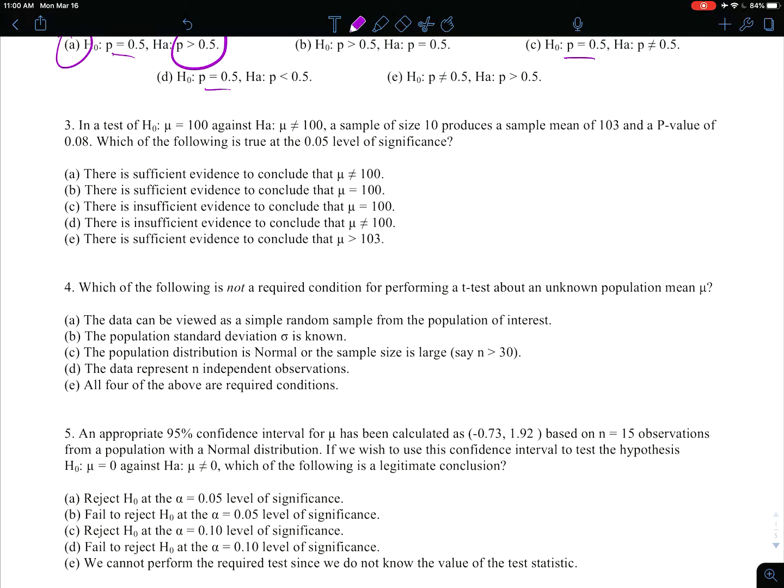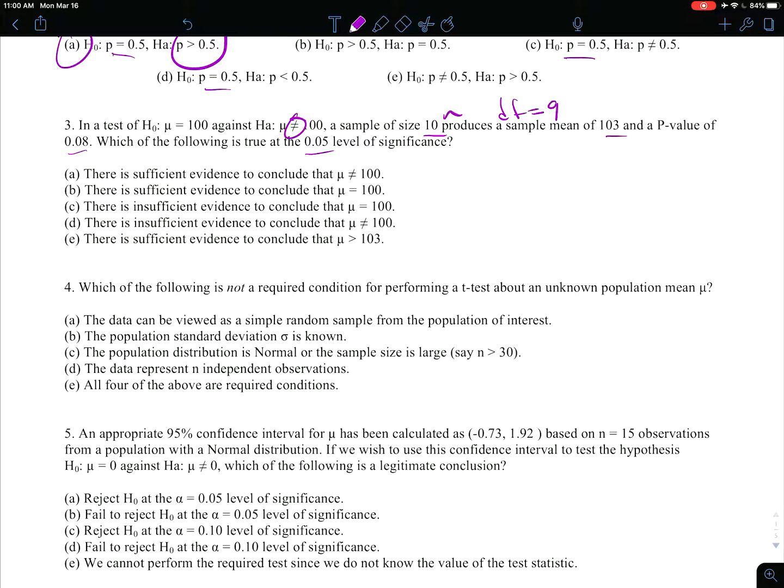For number three, again, a two-sided alternative jumps out, a sample of size 10, because we're talking means here. If that's n, we're talking about degrees of freedom equal to 9. Let's see, sample mean of 103, we have a p-value of 0.08. Which of the following is true at the 5% significance level?